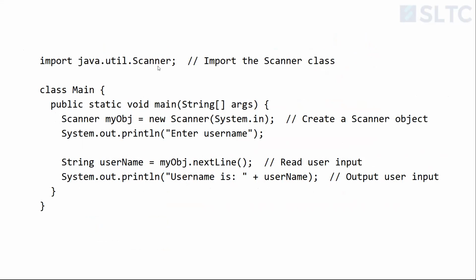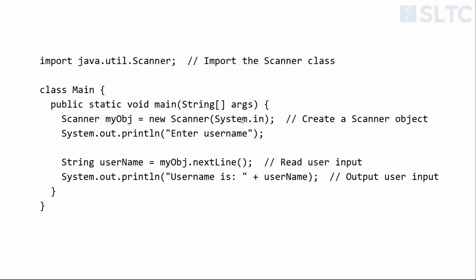Without it, we cannot use the scanner. And then this is the line where we created an object called myObject. You can give any name you want there. Sometimes I use the word in because it is for input. Sometimes we use myObject, whatever. And then we create an object with new Scanner. And to that, we are passing the standard input, which is the keyboard in this case.